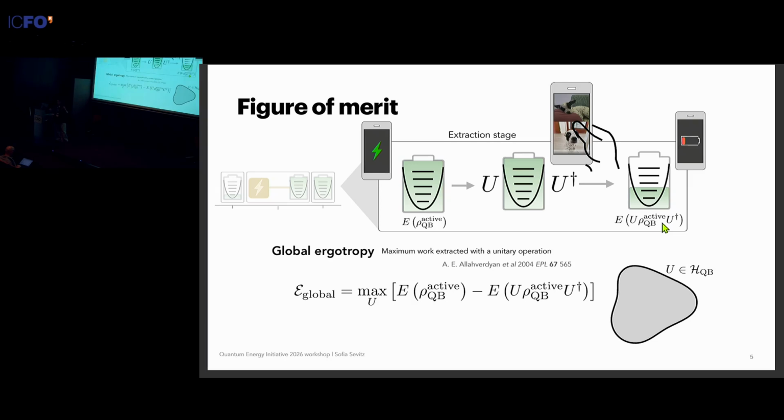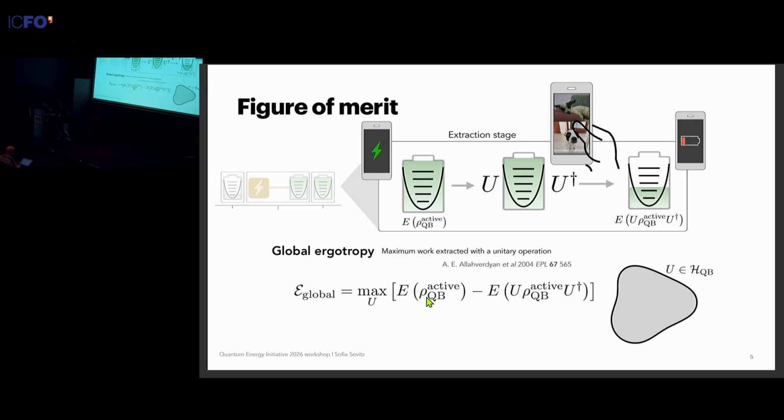And then the figure of merit is the global ergotropy. Some people just call it ergotropy, but we call it global, and later on it will make sense why. This was already presented, I think on Tuesday by Irene, and it is basically the maximum work that you can extract from a system.